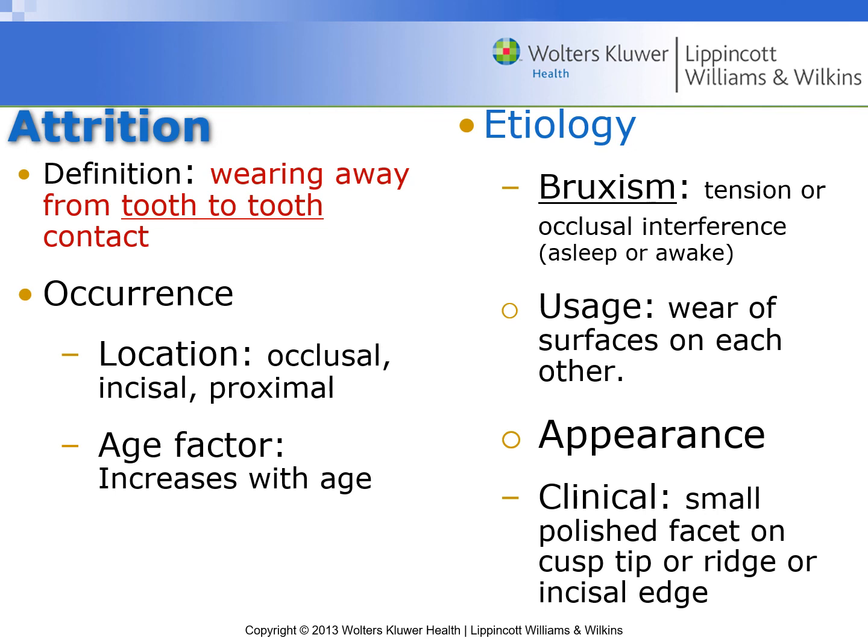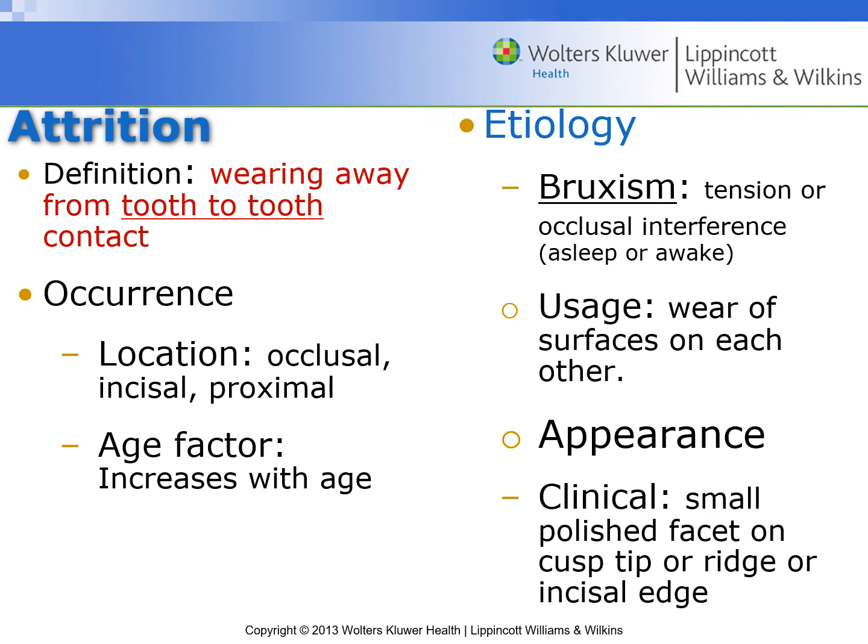They grind their teeth at night when they're not even aware of it, and could definitely use a night guard, so that over the years it doesn't wear away little bits at a time. But all of a sudden, 15 or 20 years down the road, they can have worn away a lot of the surface of their tooth.